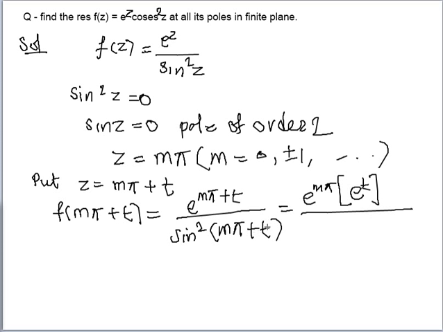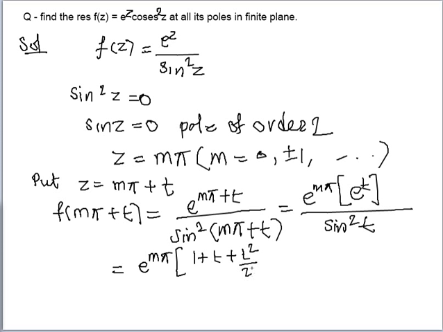Sine of n pi plus theta is always plus or minus sine theta, so it becomes sine square of t. Clear? So now I will write the expansion form: e to the power t is given by 1 plus t plus t square by factorial 2 and so on.